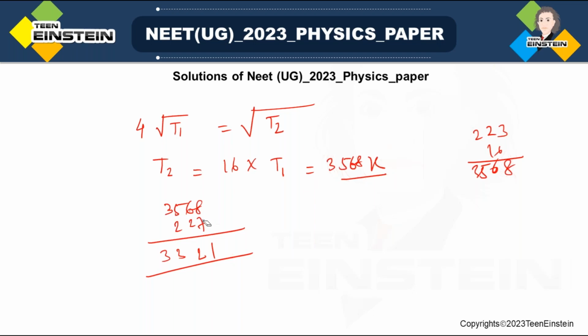Oh, I'm sorry, this is 273. We have to subtract 273 to make it degrees centigrade.